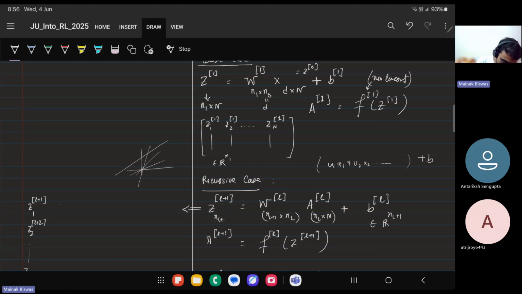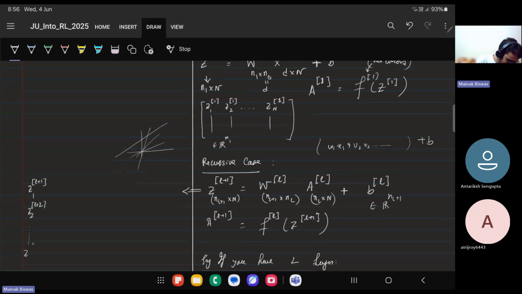So this is N_{L+1} cross N. The dimension, the number of training examples, just remains the same. Just look at this. I have L plus 1 equations. Do you agree? Because Z's dimension is N_{L+1} to be exact. Yes or no?